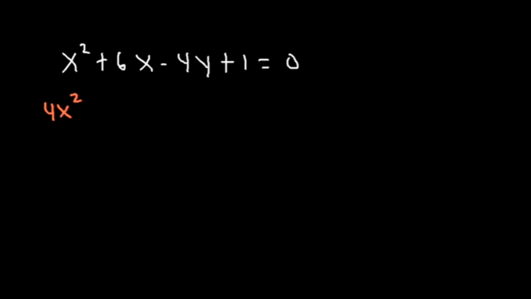So now let's say you are given these four equations. First is x squared plus 6x minus 4y plus 1 equals 0. Next is 4x squared minus y squared minus 16x plus 54y minus 101 equals 0.